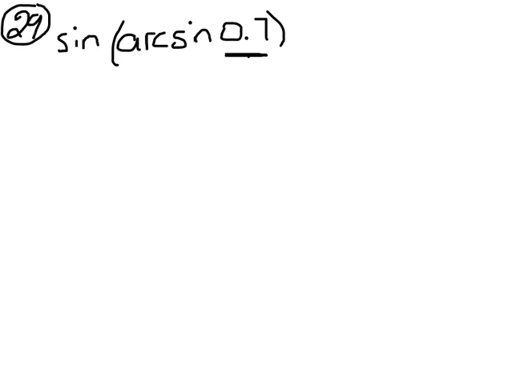So problems that look like this, where they have the arc whatever right by the function, like this one does, sine and arc sine, you're just going to get 0.7. That's what's going on in 29 through 45, or 43.